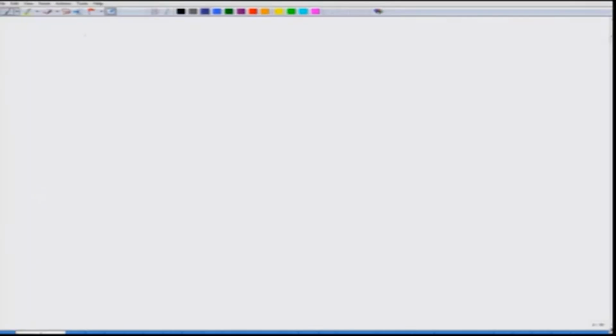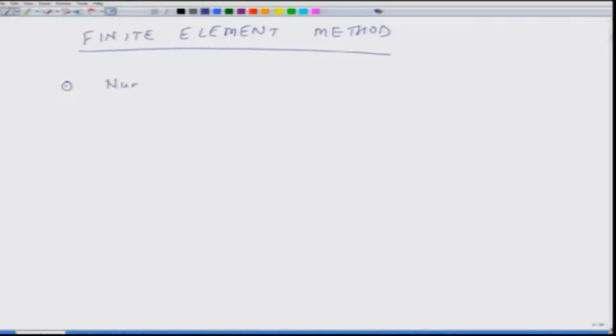Okay. So I will give you a couple of comments on the finite element method. So, the first thing is that this method helps us numerically integrate, and we will explain this term numerically as we walk through this course.